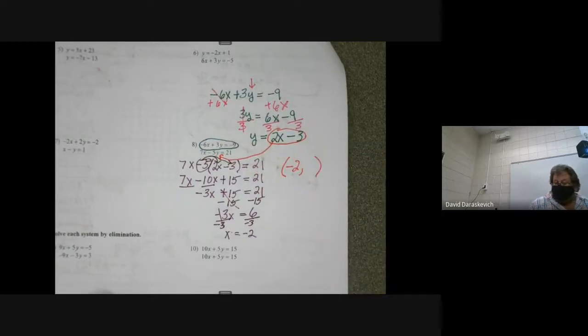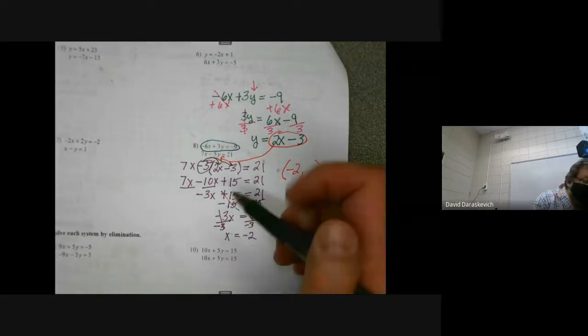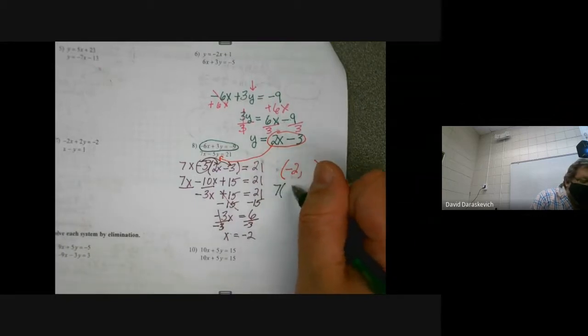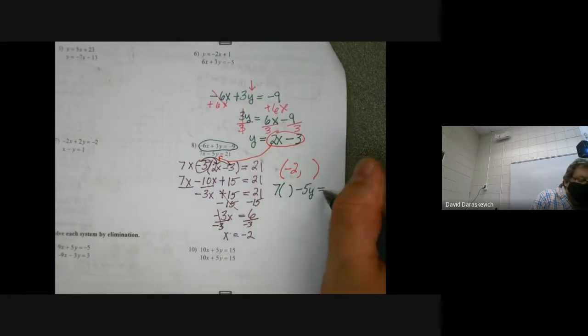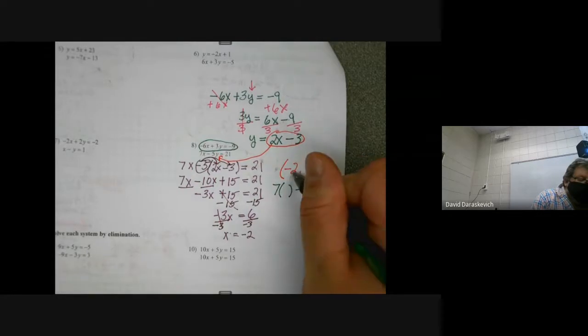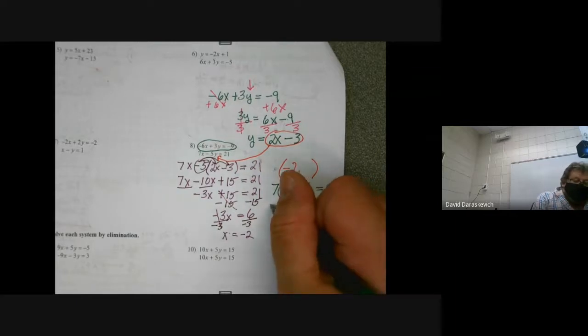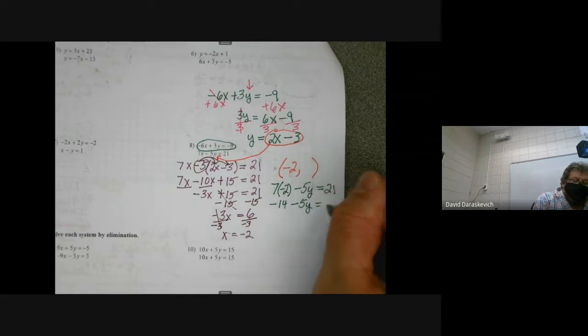I'm going to pick the bottom one just to be different. 7, my x minus 5y equals 21. My x is negative 2. And now I have to solve for y. So I have negative 14 minus 5y equals 21.